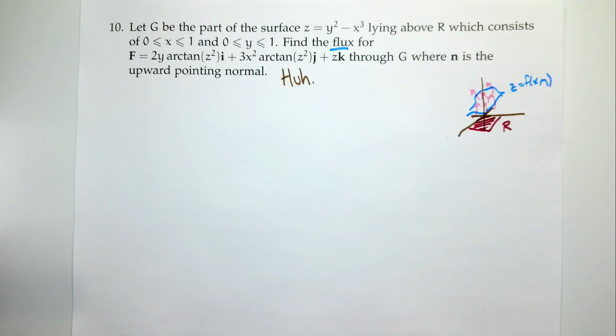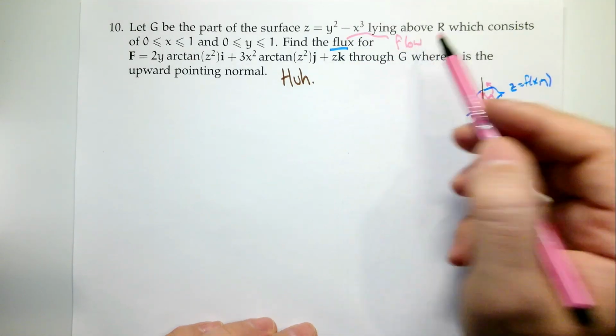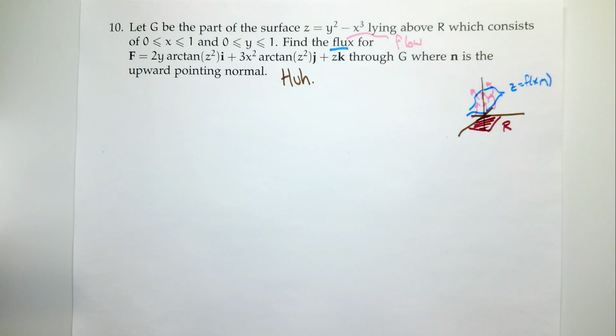And the question is, how much is coming through? And that's what we're trying to find. So whenever you see the word flux, think of it as the word flow. Find how much is flowing through. You can think of it as electrical flow, water flow, wind flow, anything that moves, you can think of it as flow corresponding to that.